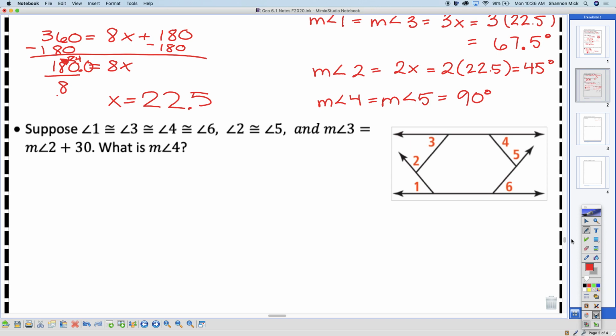On your paper, it should look exactly like this. Did everyone scribble out their equals 3x? Okay. And angle 2 is congruent to angle 5. And the measure of angle 3 equals the measure of angle 2 plus 30.